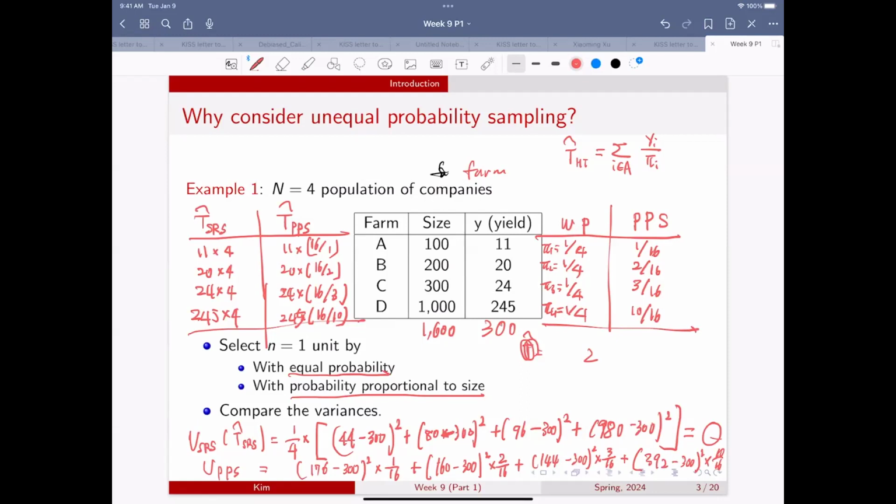So you can see that we haven't really computed the variance, but the variance will be much lower here. Okay, maybe let's compute.